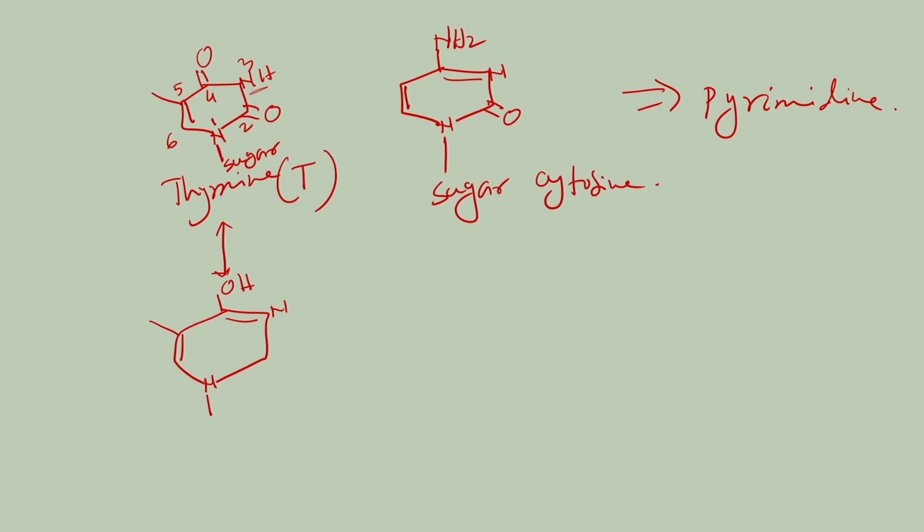In the free form, if you do not have sugar, then you have the enolate here as well. So, this is the free nucleobase form. This is the enolate structure with 3 double bonds in a 6-membered ring. So, that makes it aromatic.